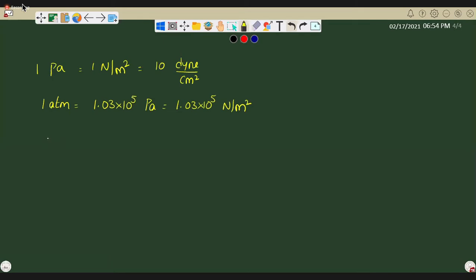And 1 atmosphere is also equal to 76 centimeters of Hg, or 760 mm of Hg. 1 centimeter is 10 mm.